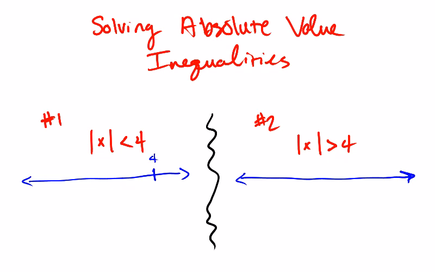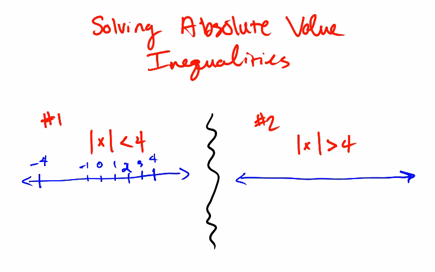But numbers less than 4, like 3, 2, 1, 0 would work. When you put in -1, the absolute value is positive 1, which is also less than 4, so that would work, all the way down to -4, because the absolute value of -4 is 4, and that wouldn't work.